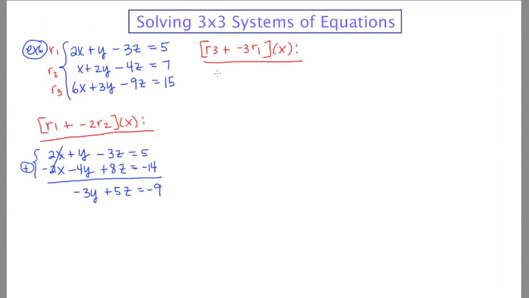So row 3 is going to remain unchanged. 6x plus 3y minus 9z equals 15. And now I'm going to multiply every element of row 1 by negative 3. So that's going to be negative 6x minus 3y plus 9z is equal to negative 15.